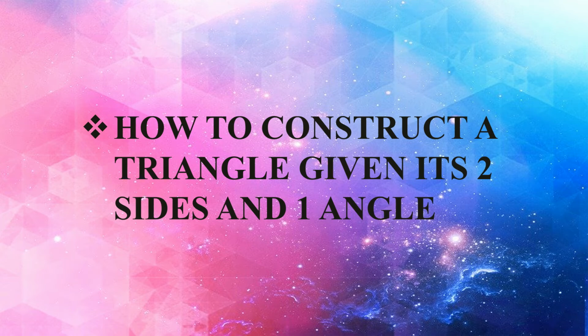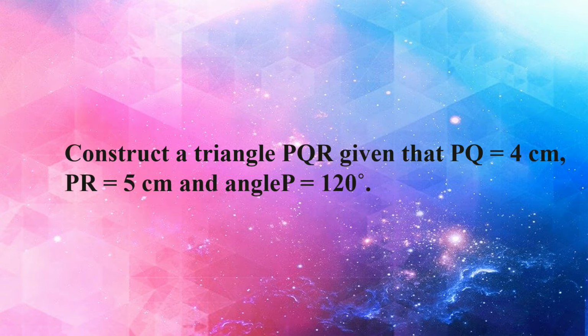How to construct a triangle given its 2 sides and 1 angle. We are going to construct a triangle PQR given that PQ is equal to 4 cm, PR is equal to 5 centimeters and angle P is equal to 120 degrees.